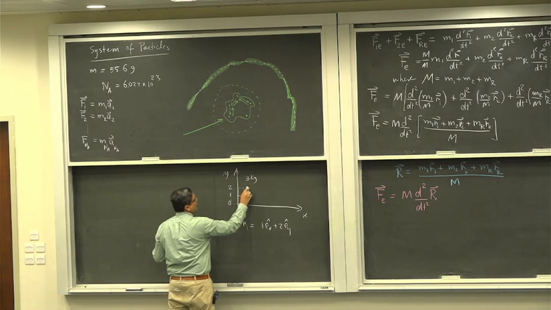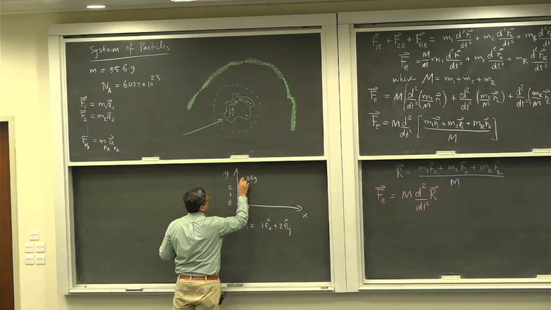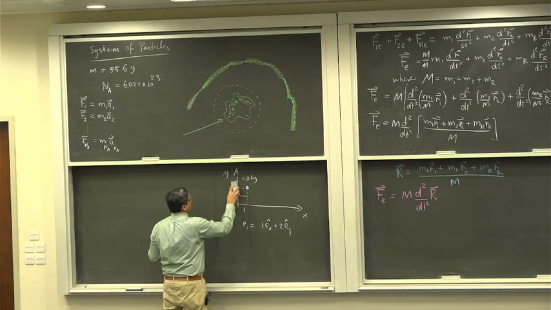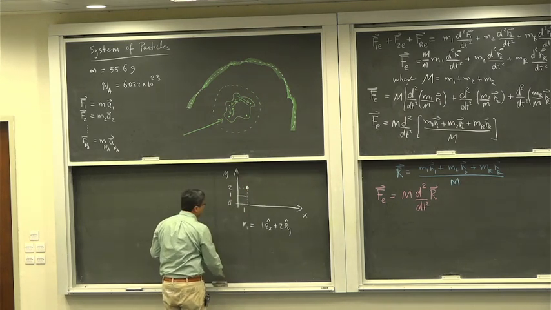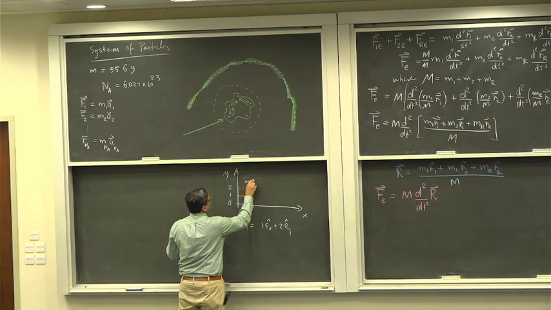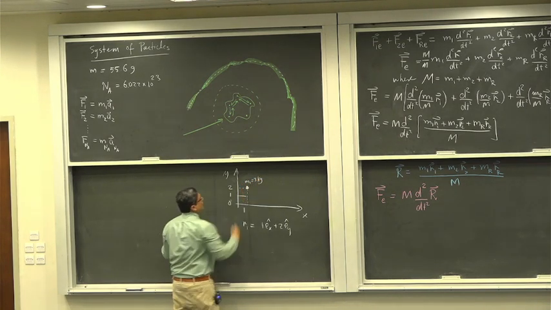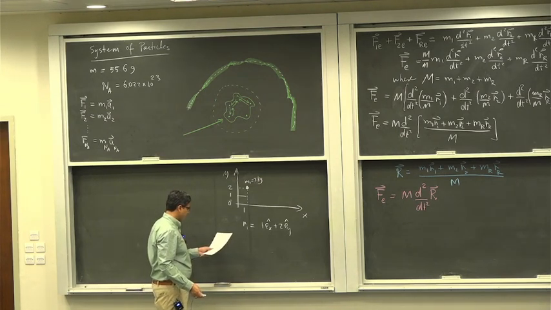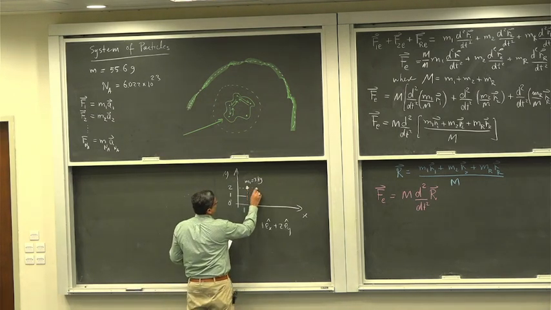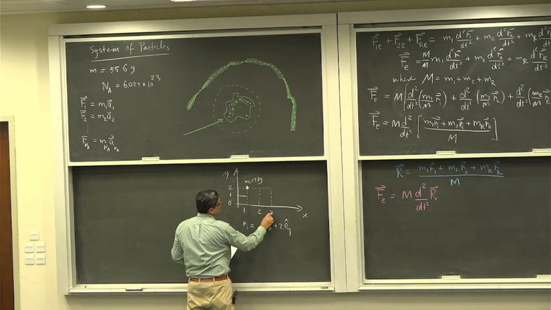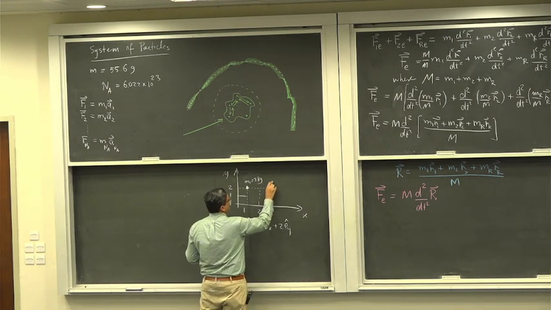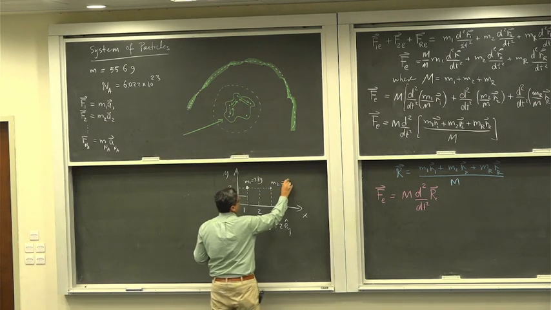This is your mass 1. And then you have a second mass sitting at 3 units along the x-axis and 2 units along the y-axis, m2, and it also has 3 kilograms.